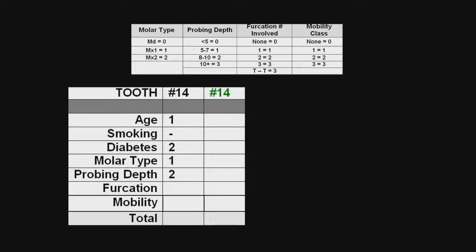The probing depths are generally in the 8mm range, so we put a 2 there. And this particular tooth unexpectedly had only 1 furcation involvement. And the teeth are mobile, but at age 75, we're not as concerned about mobility as we would be in a younger patient. So this patient scores an 8, and this is where the rub comes and the problem comes.